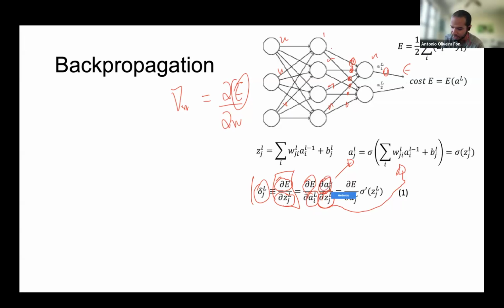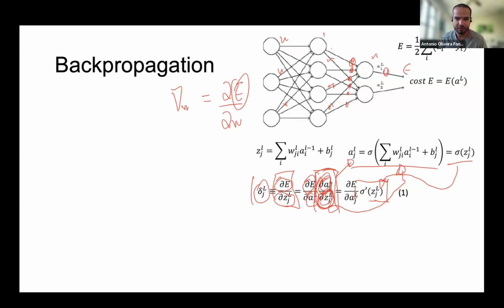So I have this guy and I have this guy. That's great, so these I can very easily calculate because I have the expression for that. I can summarize this quantity over here as being, pure and simple, the derivative of this guy with respect to the z. So I can summarize that as being this expression here now.